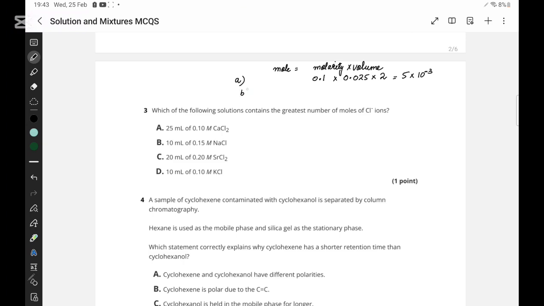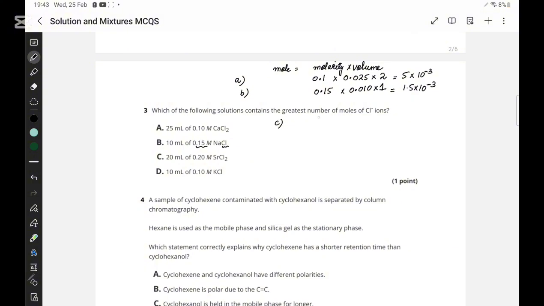Then for part B, it's going to be 0.15, that is the molarity of NaCl, times the volume converted into liters, 0.010, times 1, because chloride ions in NaCl is 1. So that comes out to be 1.5 times 10 to the power minus 3.